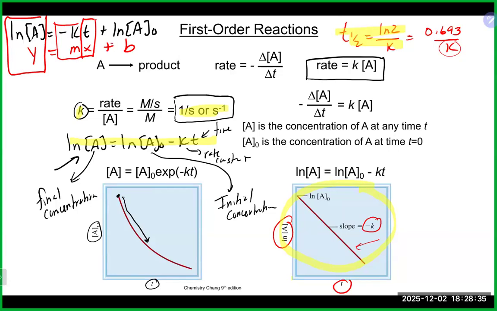And a lot of times in kinetics problems, they don't with flashing lights say, hey, we're doing a first order reaction. What they will give you is the actual rate constant, and they expect you to know based on the units that you are dealing, for example, with a first order reaction.